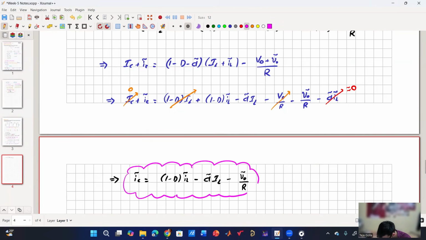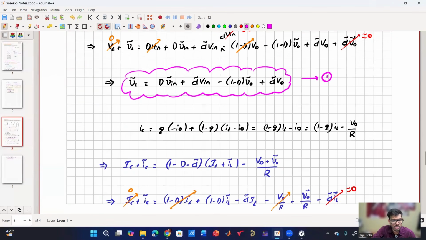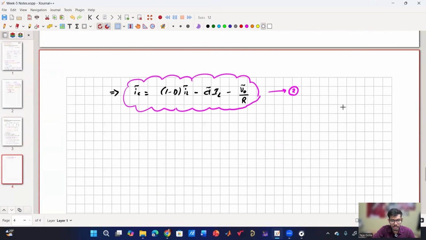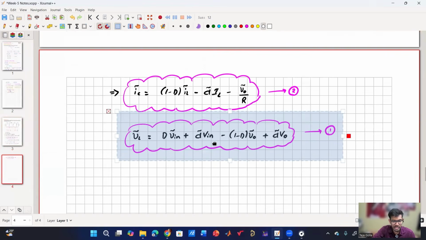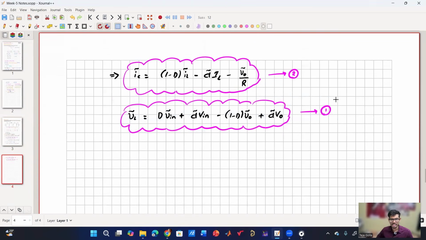Is this also clear? I think I have gone a little bit faster for the math, but again, you have to solve it by yourself and then see. Maybe I am making a mistake and you are not pointing it out, but the method or the concept should be clear. What we are doing is simple: we are writing the equation, averaging it out, replacing the terms, and then removing the higher order terms as well as the DC values to get these expressions.